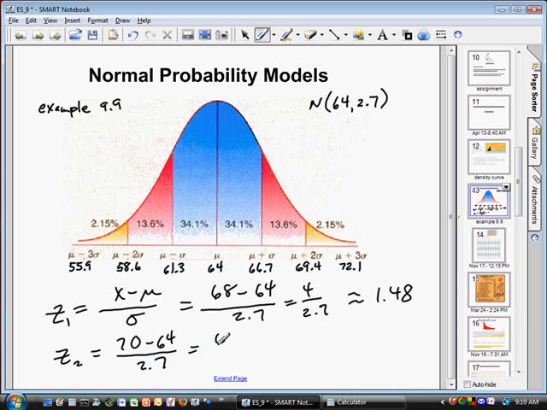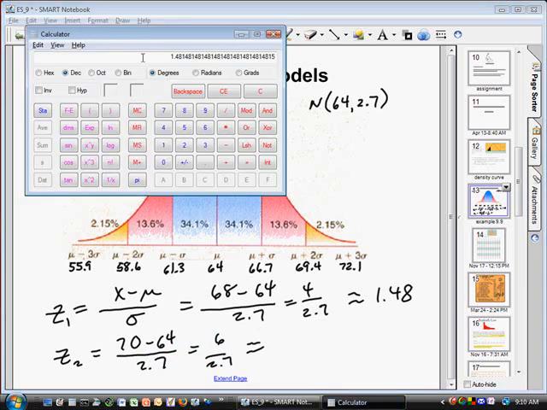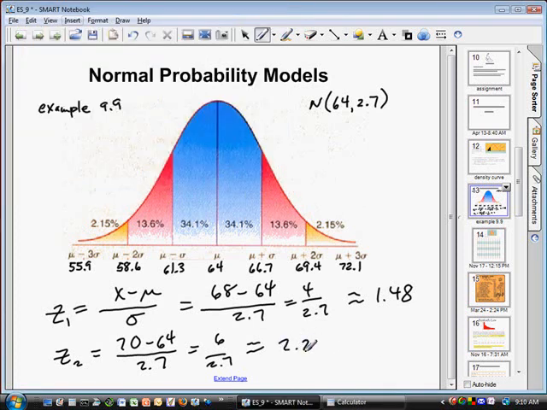This time we have 6 over 2.7. And this time we get 2.22, approximately. Okay, so now what we need to do is look up the probabilities for those two.